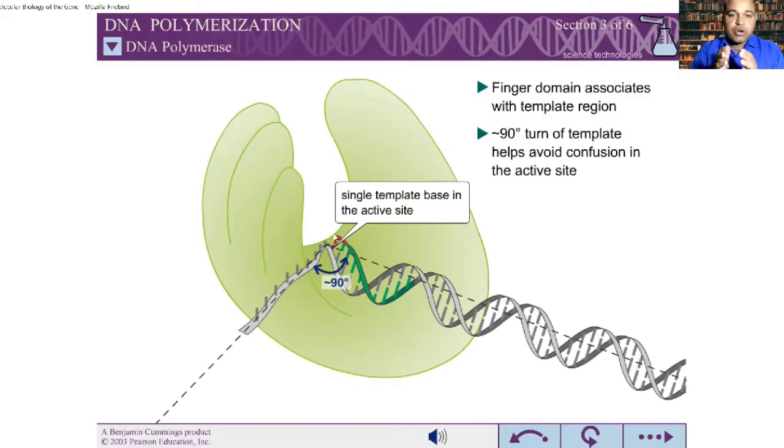And it is this nucleotide to which the incoming nucleotide triphosphate is going to bind. Once the incoming nucleotide triphosphate binds to it, a new strand of DNA is going to be biosynthesized. This is how the process takes place. The 90-degree turn ensures that a single nucleotide is exposed in front, and this single nucleotide is going to be bonded with the incoming nucleotide triphosphate.